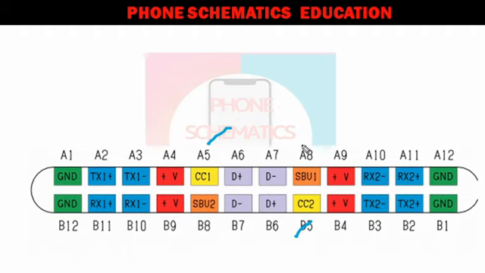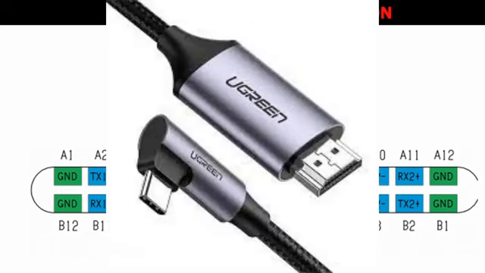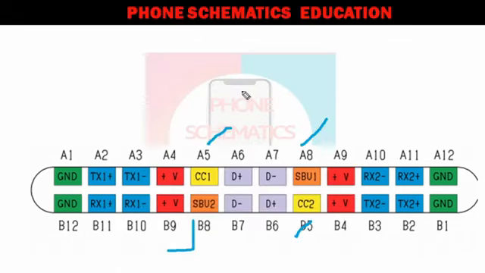Now, the last pins, SBU1 and SBU2, B8 and A8. These pins are called side band, or through these pins you can play your audio and video output from an HDMI cable. Like your HDMI cable connects to your TV, right?